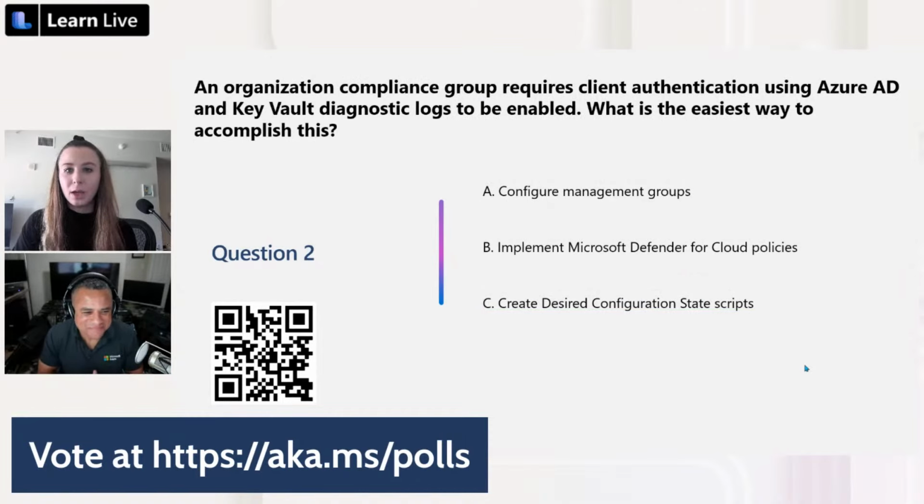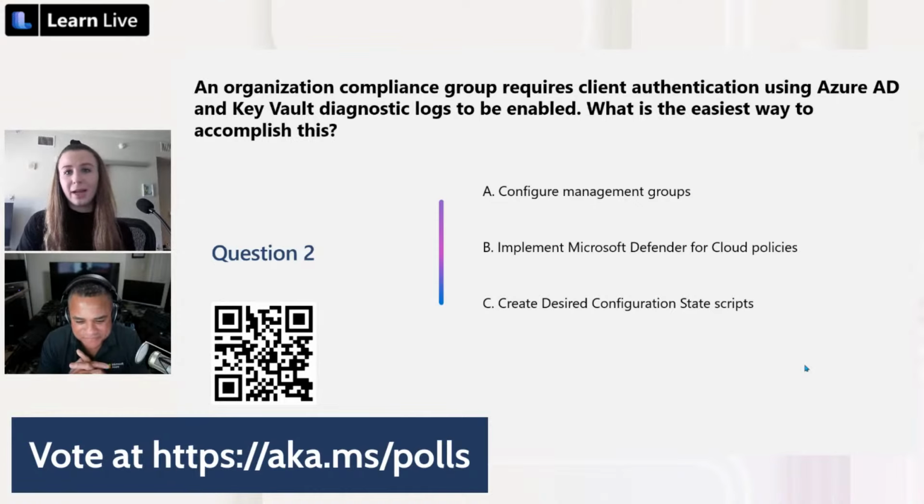All right, the next question we have is an organization compliance group requires client authentication using Azure AD and Key Vault diagnostic logs to be enabled. What's the easiest way to accomplish it? A, configure management groups, B, implement Microsoft Defender for Cloud policies, C, create desired configuration state scripts.